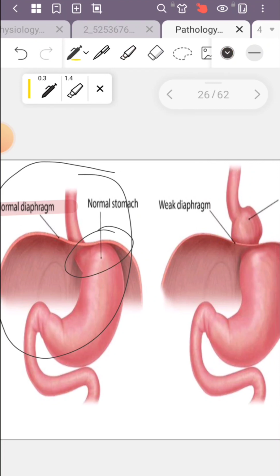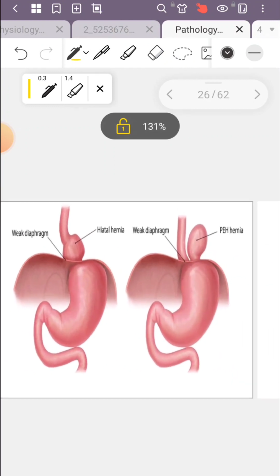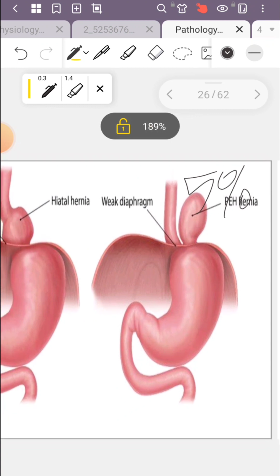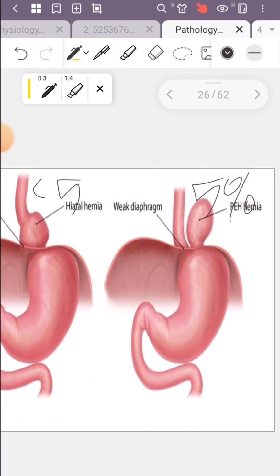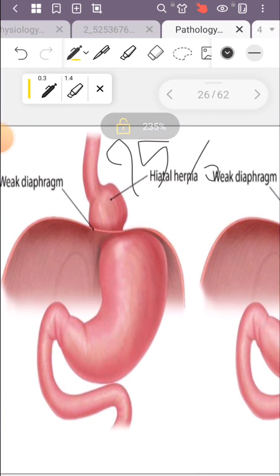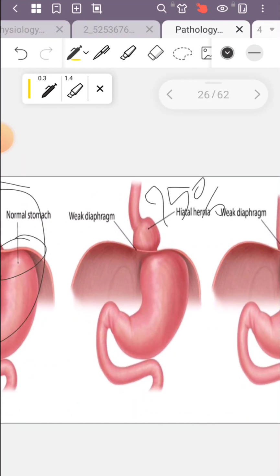Here is the less common type, 5%, and this is 95%. This one we call sliding hiatal hernia and this one we call paraesophageal hiatal hernia. Here there is protrusion of the cardia of the stomach into the esophagus.